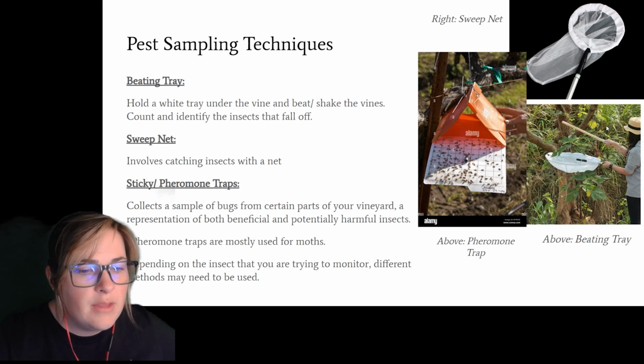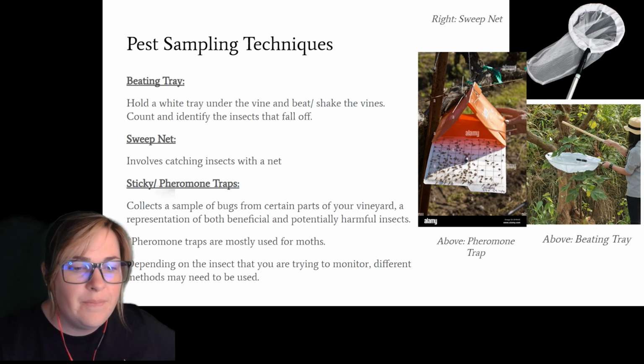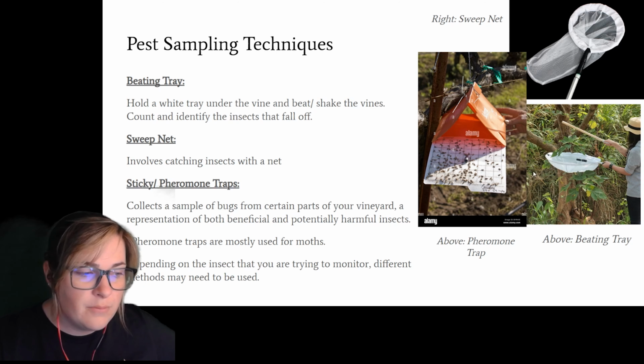Makes sense. The beating tray, not so much for something that's flying, but all the creepy crawlies will fall into the tray, and then you can accurately, or to the best of your ability, count the bugs and identify them, right? Also important to know that we're using a white background so we can properly identify the pests or the bugs, right?